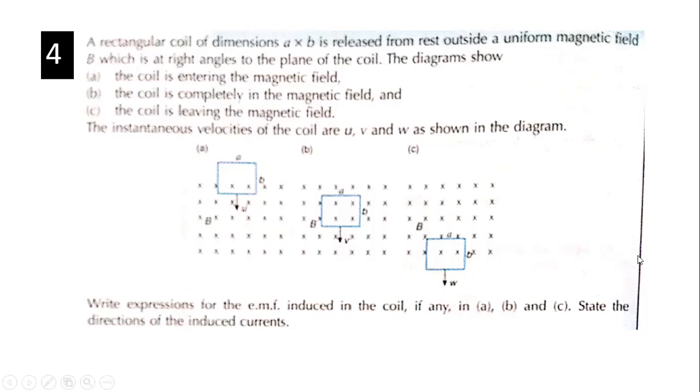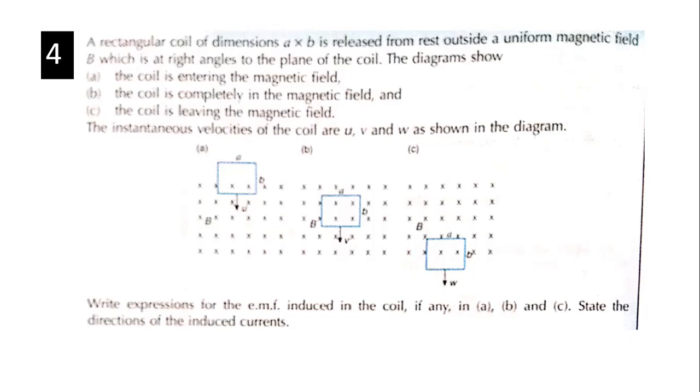This one requires you not only to use Fleming's right-hand rule, but also the equation E equals BLV. So what is A? Where's the current? The direction of current. Remember, the field is going in. Right-hand rule, field is going in. Your motion is going down. Yeah, field is going in.